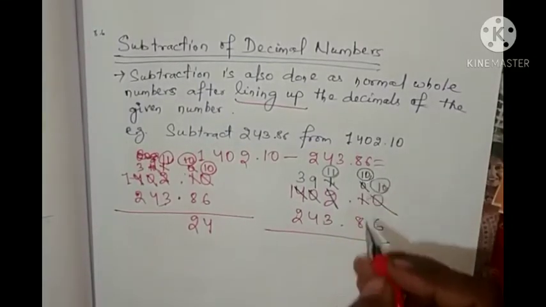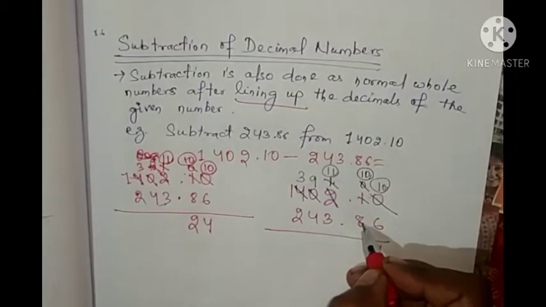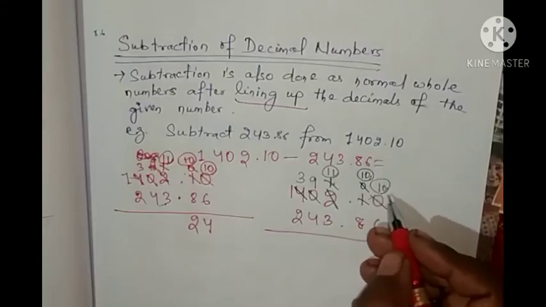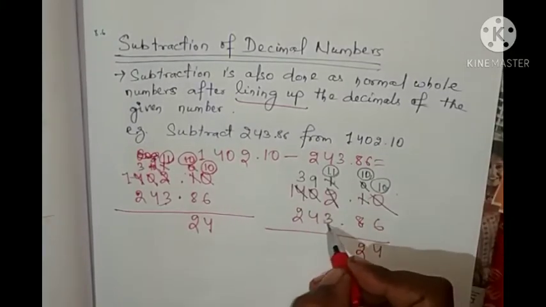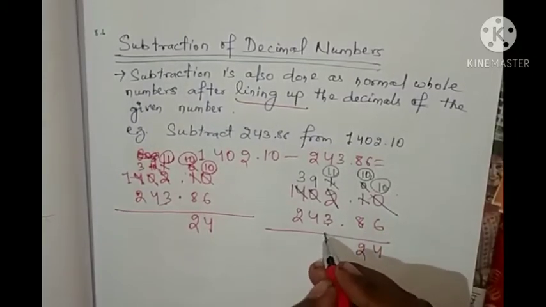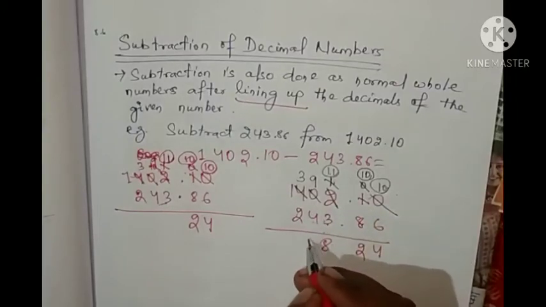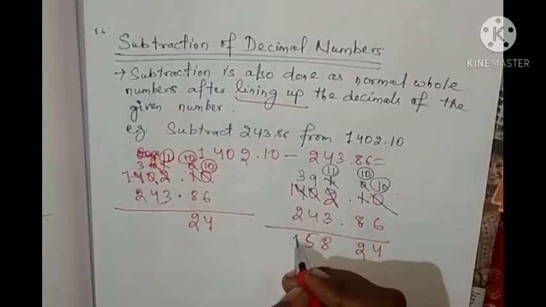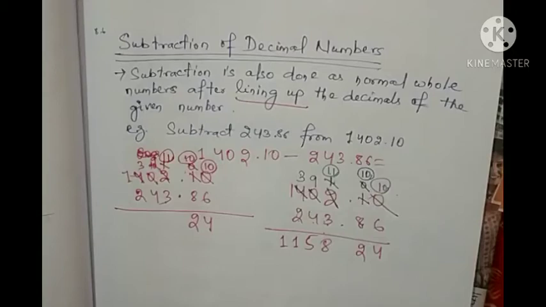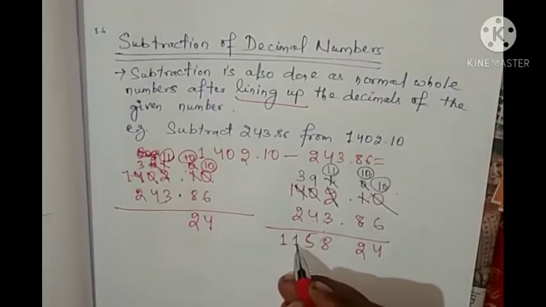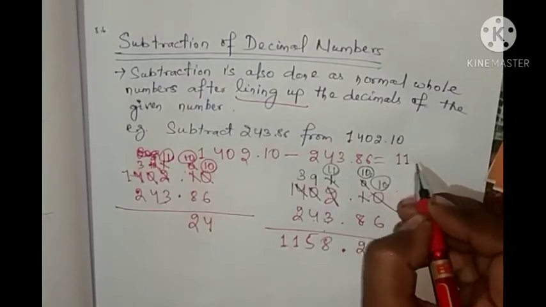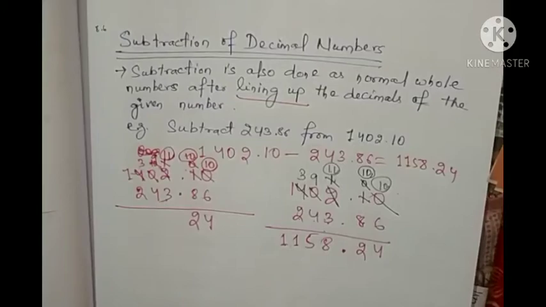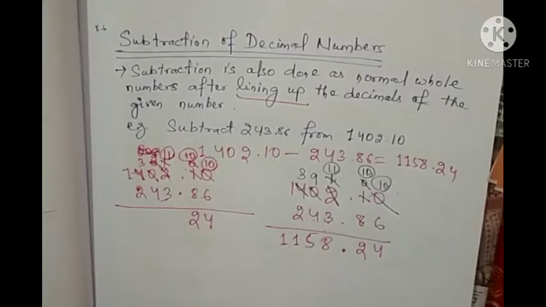Now 10 minus 6 is 4. 10 minus 8 is 2. 11 minus 3 is how much? 8. 9 minus 4 is how much? 5. 3 minus 2 is 1. So answer is what? 1158.24.